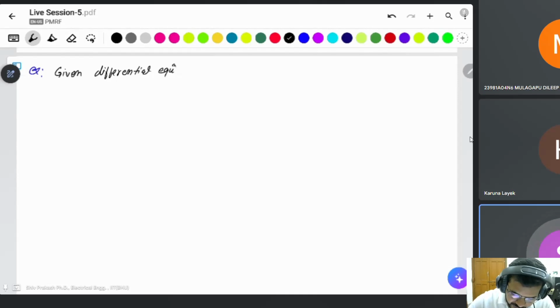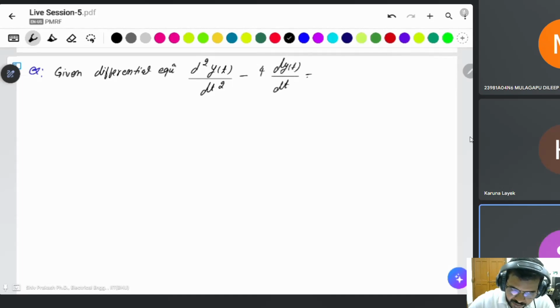The differential equation is given as 2 d2y(t) by dt square minus 4 dy(t) by dt is equal to 5 y(t) plus x(t).